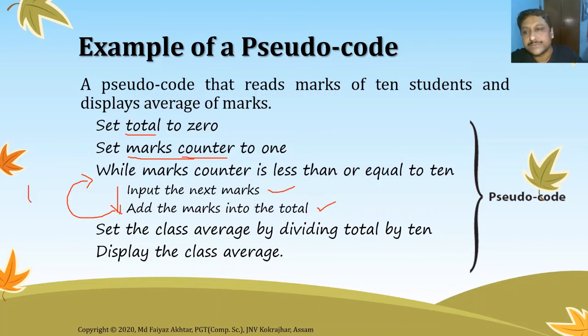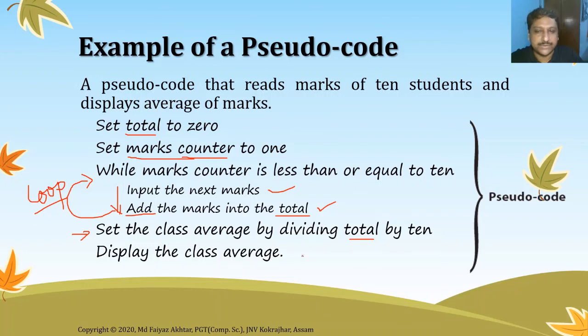This is a loop, and it ends when the marks of all 10 students have been input. Then this step will be followed: set the class average by dividing total by 10. We are adding marks to the total, and total is set to 0 at the start.